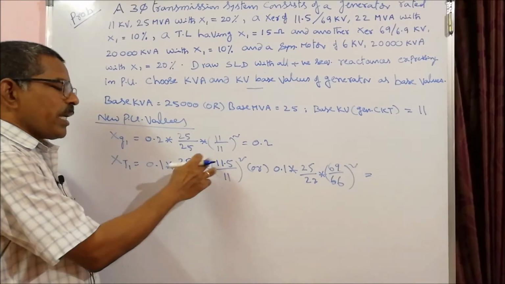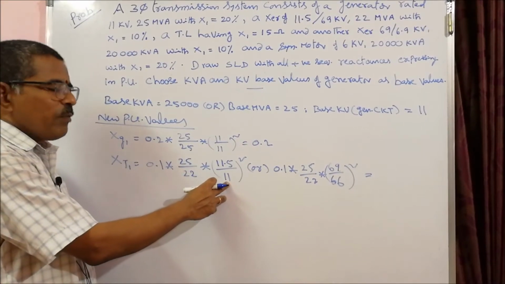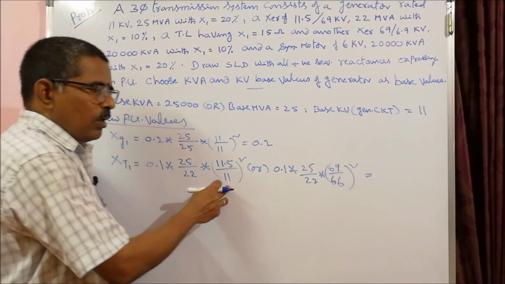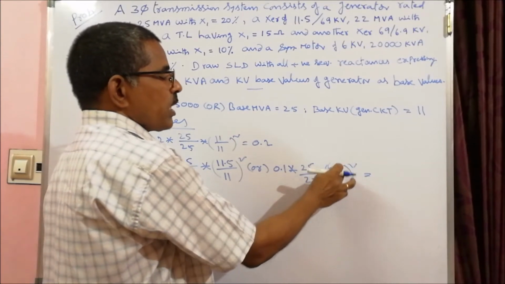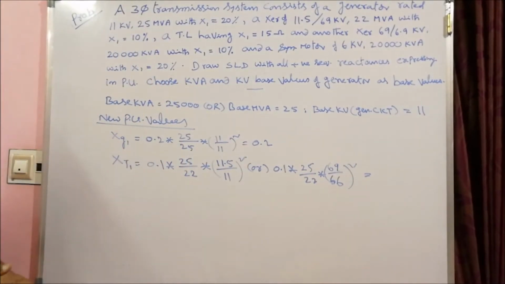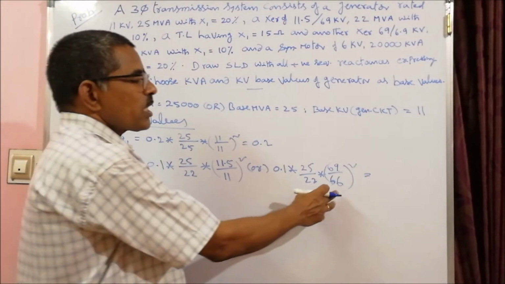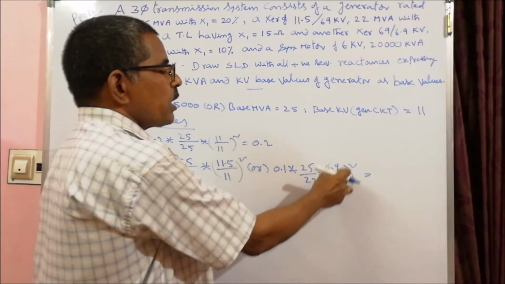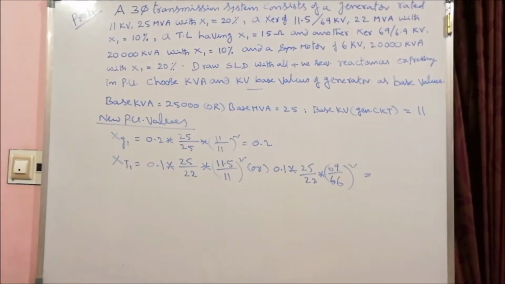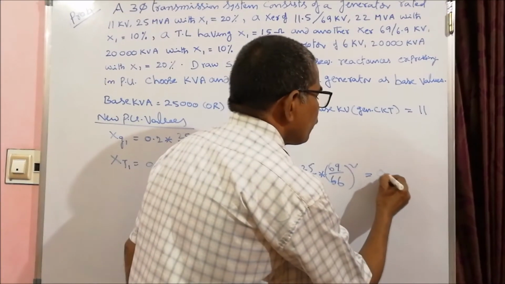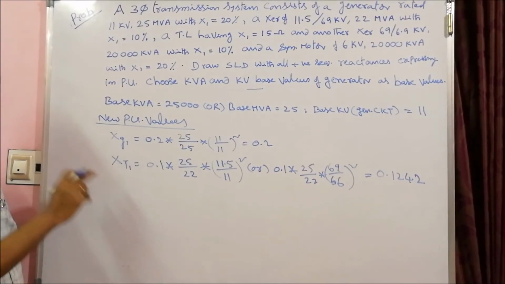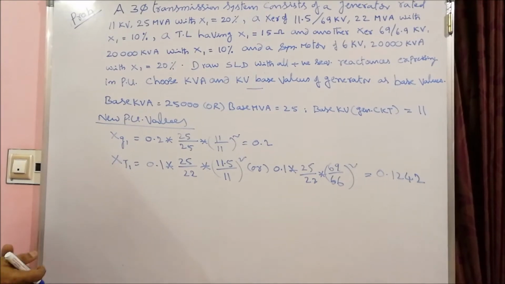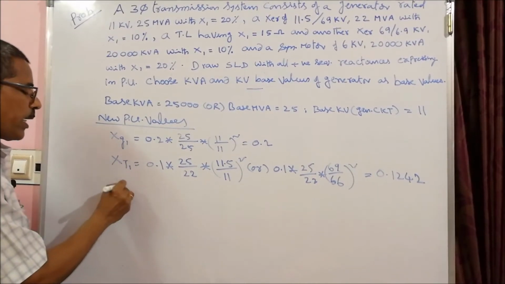So if I write the LV side, 11.5 by 11, which is the generator circuit base, I need to write, whereas if I take the HV side, that is 69 kV old kV, new kV which is on the transmission line side, that is 66 kV, which we calculated. So 69 by 66 squared. In either case, you must be getting the same value, it is 0.1242. So the new per unit value of transformer 1 is 0.1242.